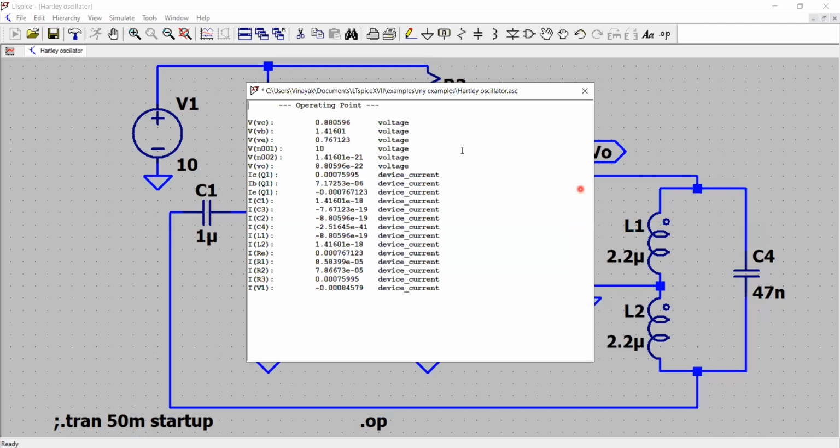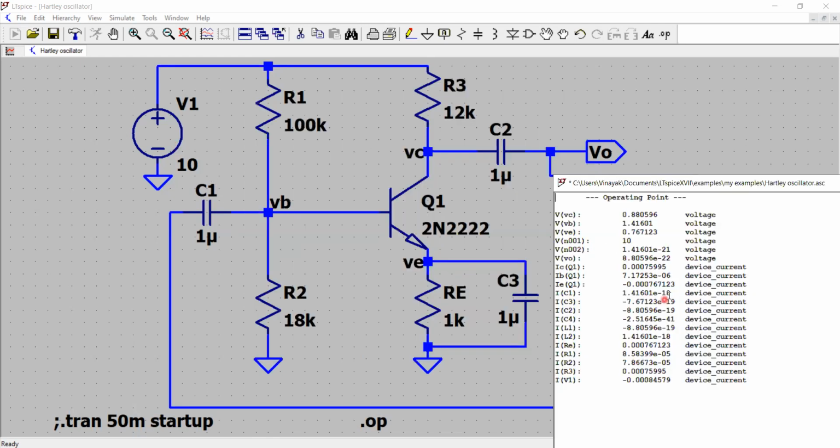Now I have got these voltages and currents in the circuit. So let us understand one by one. The DC voltage is 10 volt. Output voltage is approximately 0 volt. Voltage at the collector pin of the transistor is about 0.88.